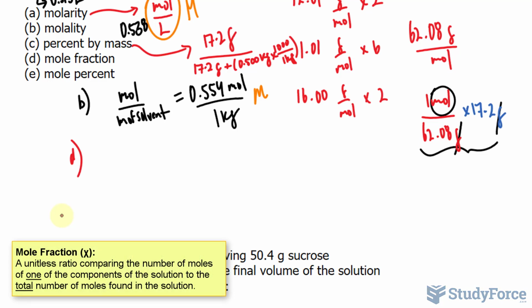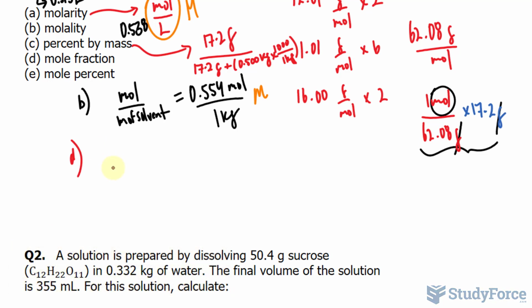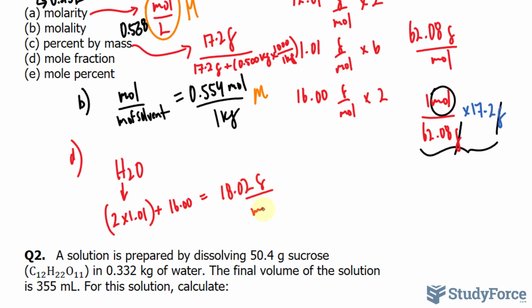To calculate this number, first determine the amount of water in moles from the mass of water and its molar mass. So the molar mass of water, remember it's H2O, we have 2 times 1.01 plus 16.00. That should give us 18.02 grams per mole.